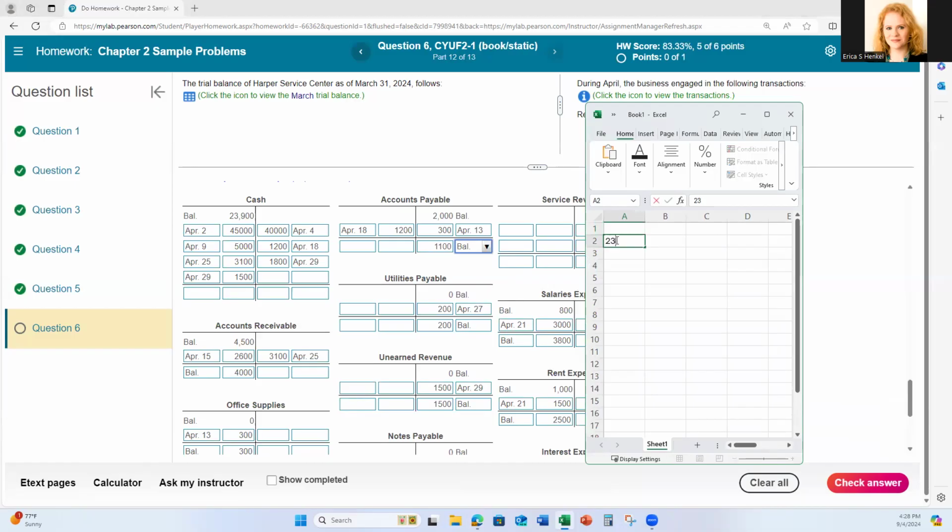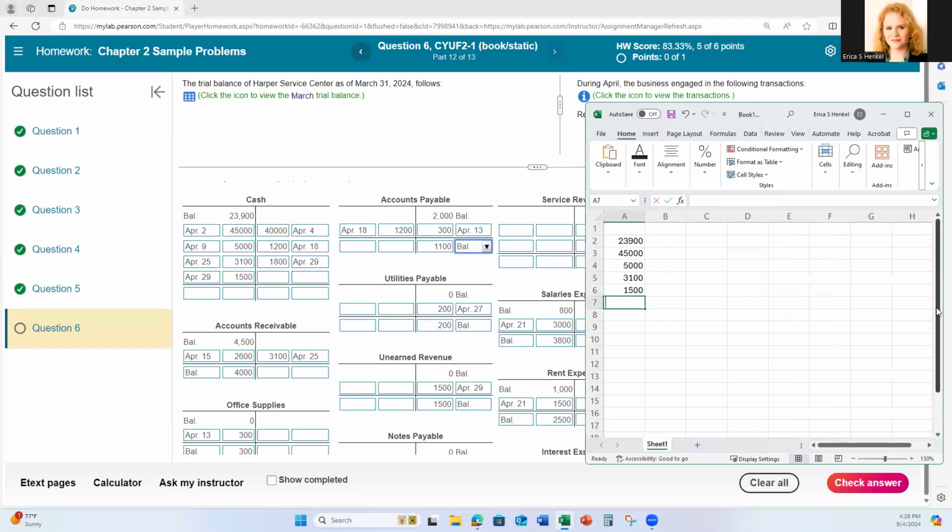All right. So that's our total debits. So I'm going to sum that up. So total debits of 78,500.